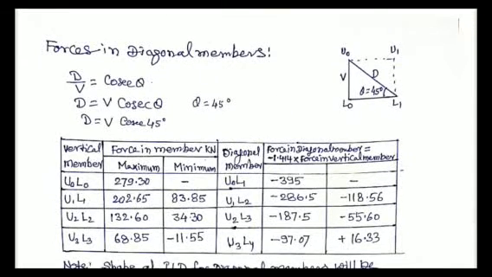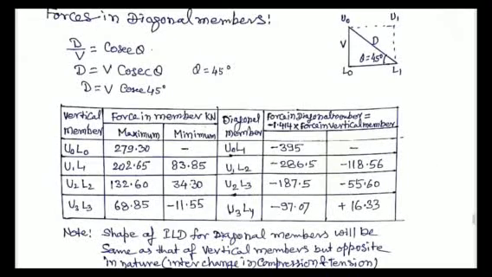So we all know by trigonometry that D will be equal to V cosec theta, or V cosec 45. So we can find out the force in the inclined member with the help of the vertical member and the horizontal member, the bottom chord member.